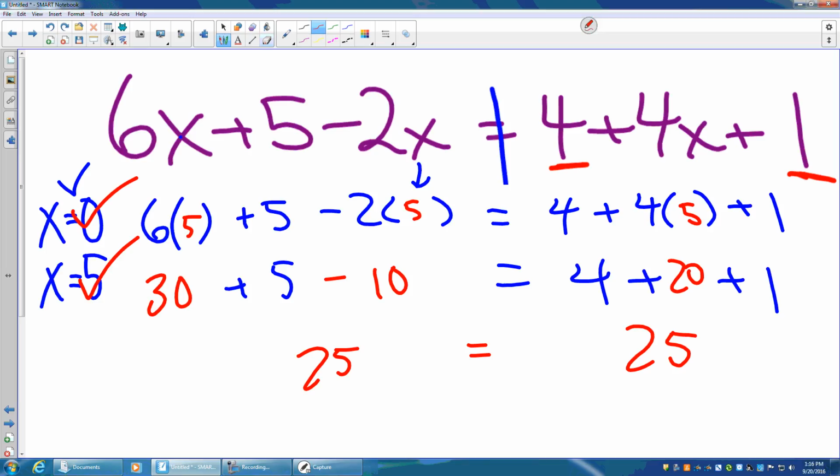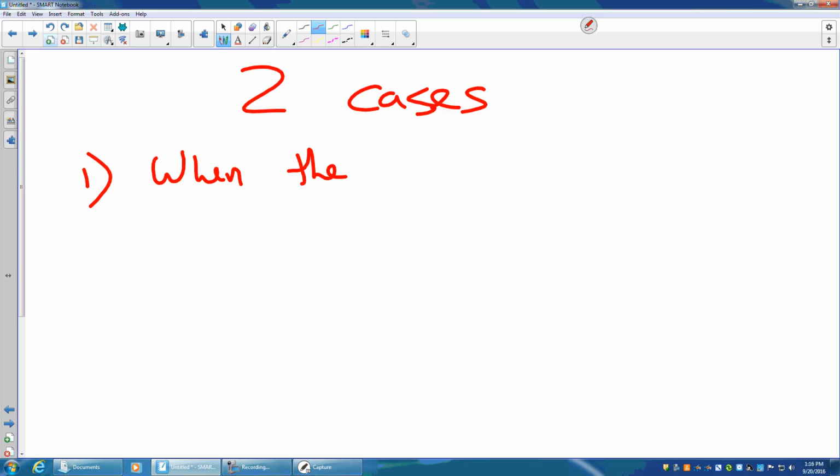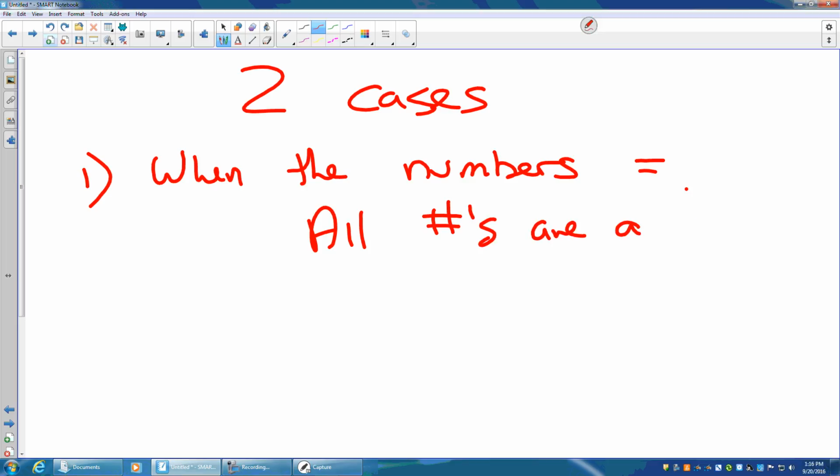So the big thing I want us to write, or the rest of these notes, is the two different cases we have. First one is when the numbers are equal to each other. Okay, that's actually the second thing that we looked at today. The answer to that is all numbers are a solution. And the example that we had today is when it said 5 is equal to 5.